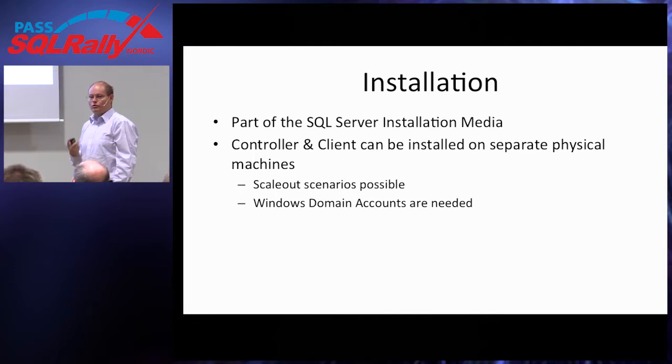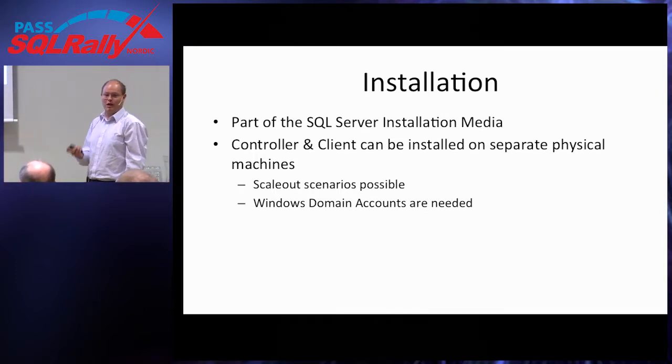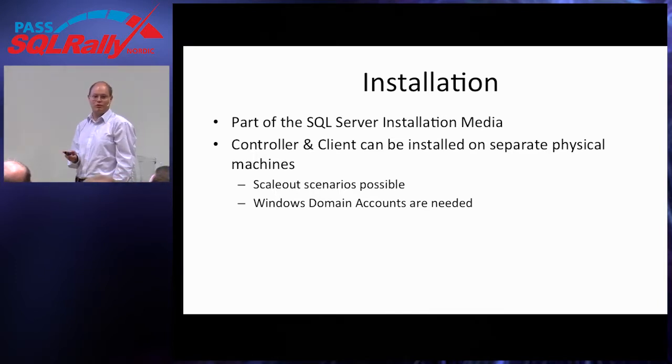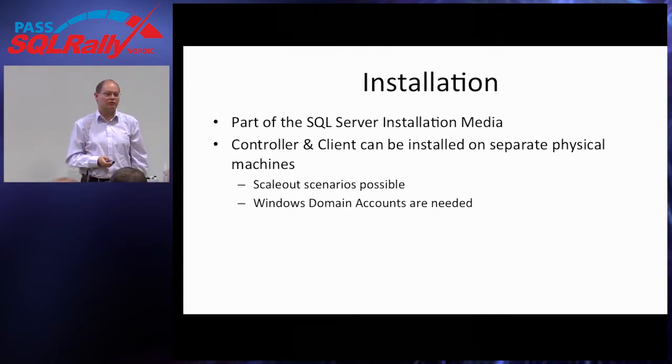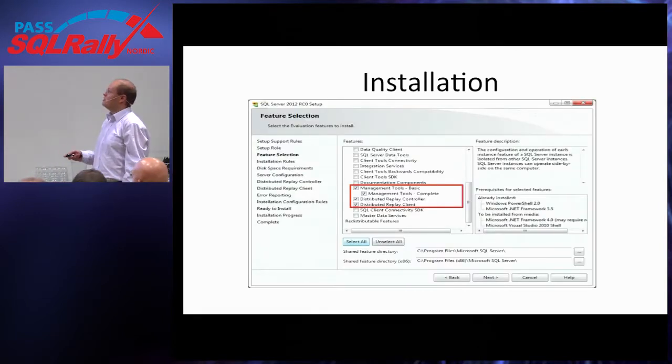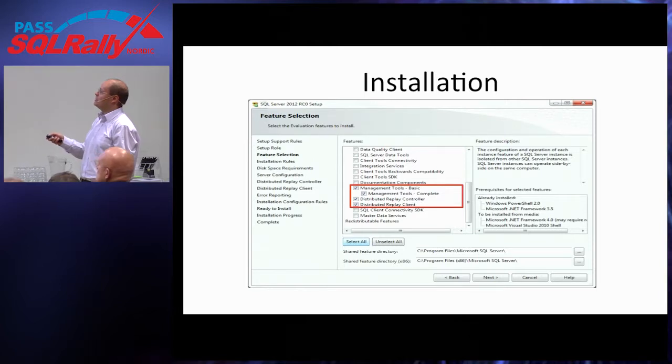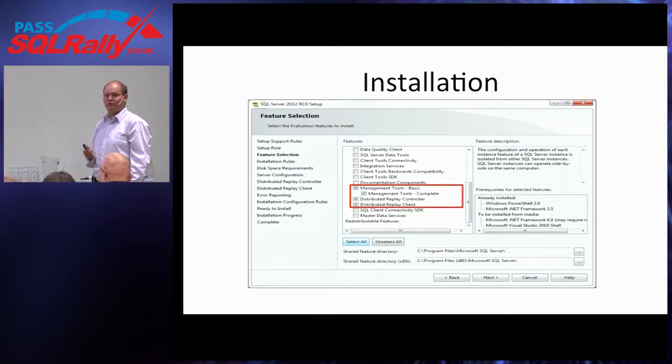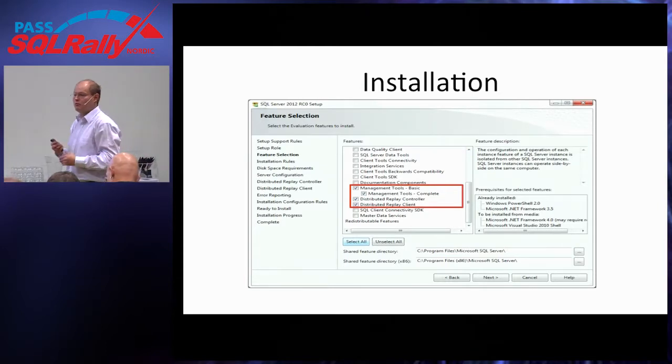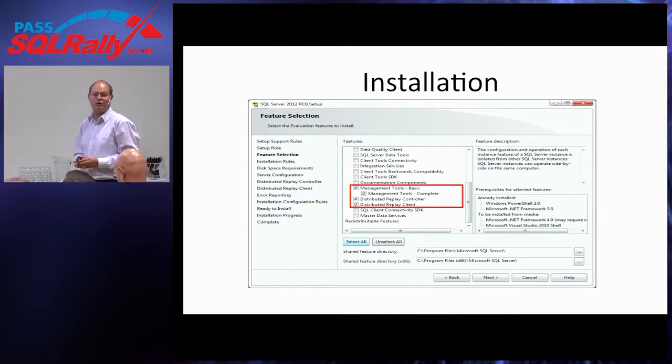When you want to use distributed replay, you have to install it. So it's not installed by default. As you can see here, you have during the installation process a distributed replay controller and also a replay client. So when you install distributed replay in a distributed scenario, you need one machine with a deployed controller and up to 16 different machines where you are installing the various clients.